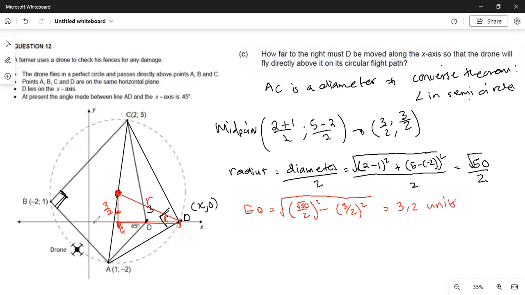Now, if we want to know the length from 0 to D, we would have to add the 3 over 2, because this is also 3 over 2. So from O to D, we'll call that point O, should be 3.2 plus 1.5, giving us 4.7 units. Then because D was initially at 3, it needs to move 1.7 units to the right.